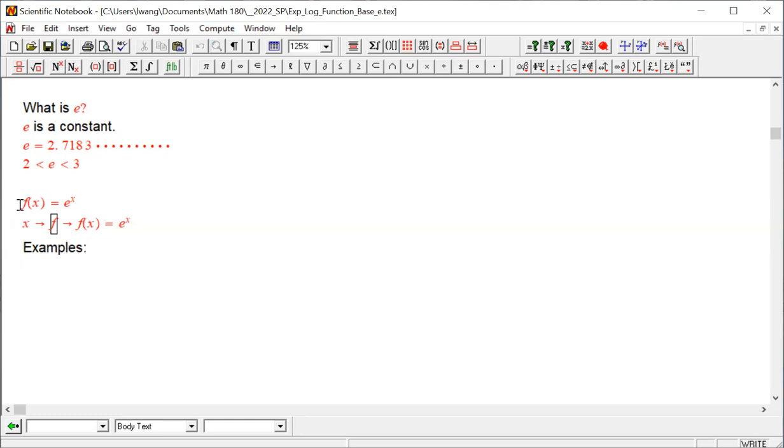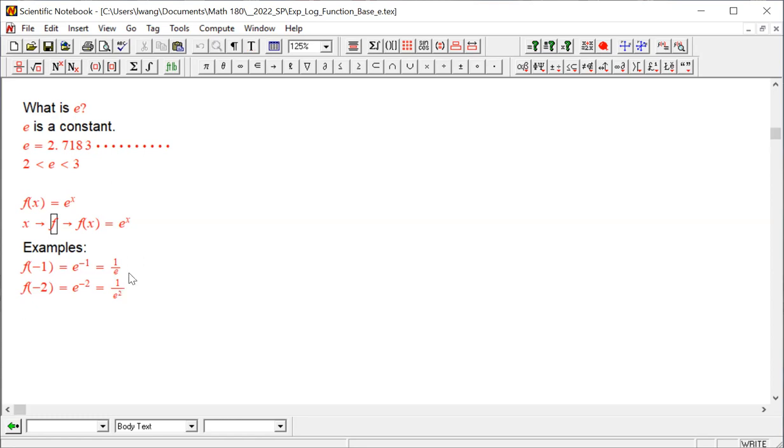For example, if the input is -1, e to the power -1 is 1 over e. If the input is -2, e to the power -2 equals 1 over e squared.